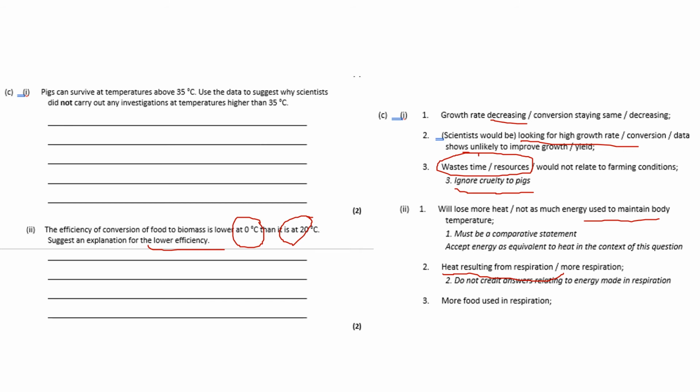So they're using that food to respire. The respiration is then generating heat, that is maintaining their body temperature. So at 0 degrees, more food is required, more respiration is required to maintain their body temperature.